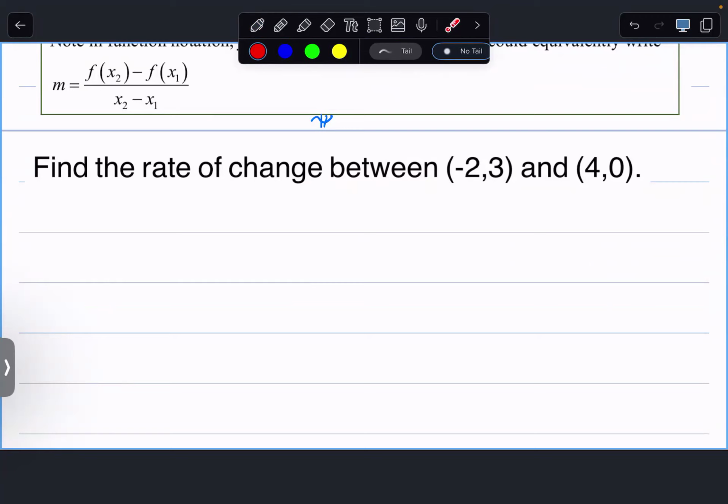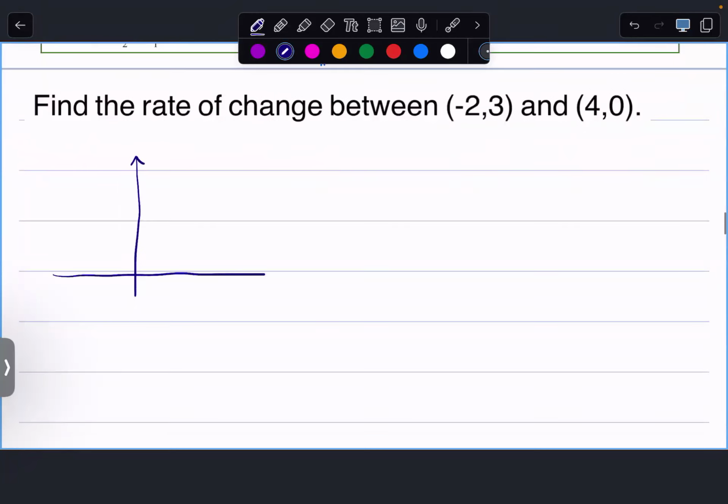Okay. Now what we can do, just for doing a little warm-up stretch here, is we can sketch this out. What does this thing look like? X1 is -2, y1 or f of x1 is 3.